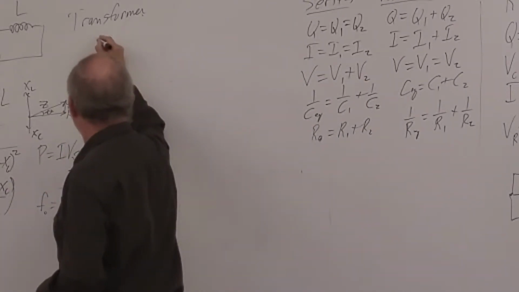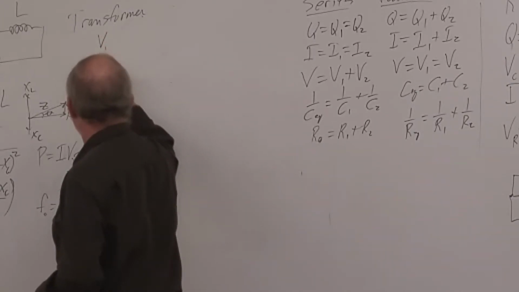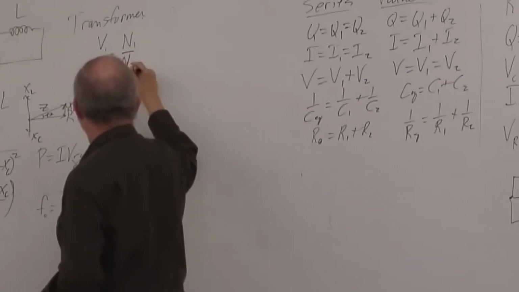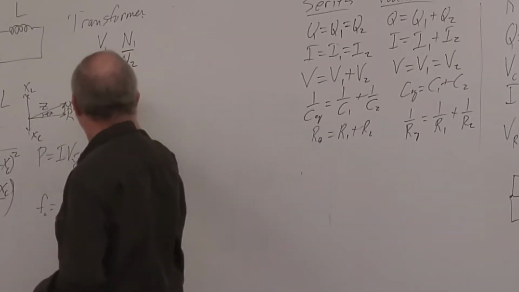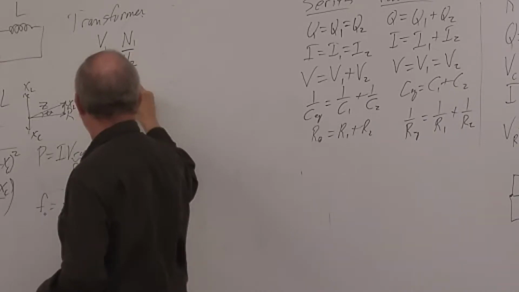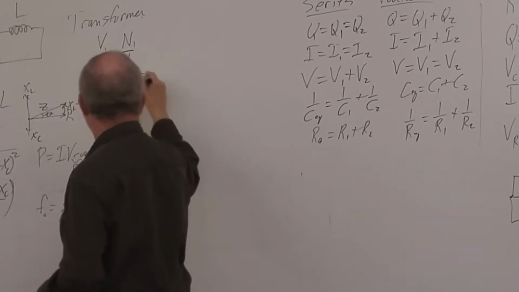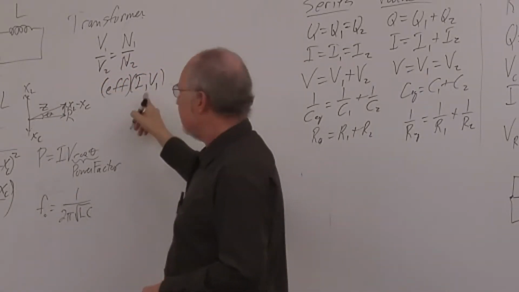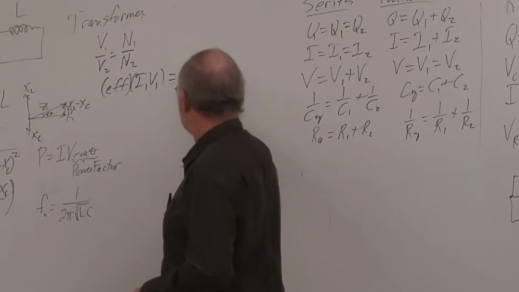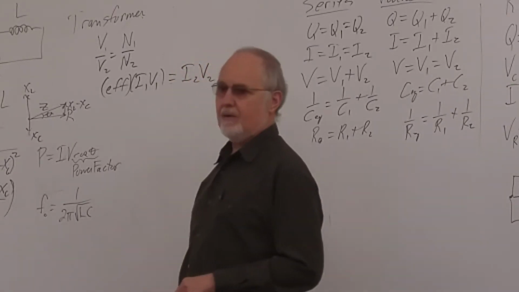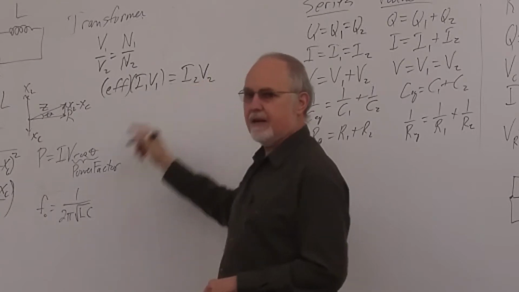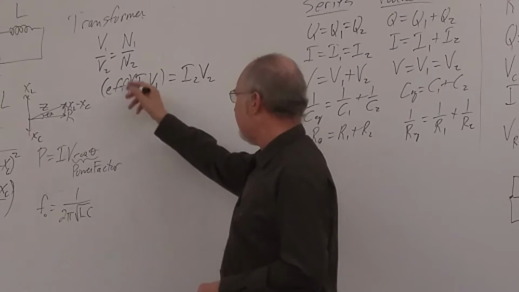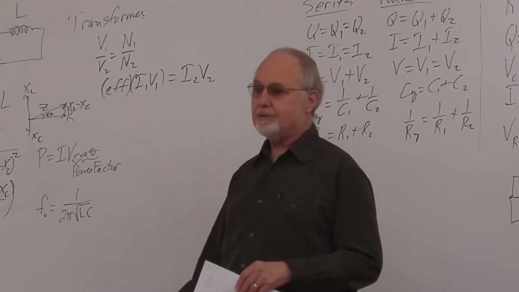The ratio of the voltages is equal to the ratio of the number of turns on your two sides, and then the efficiency times I1 V1, that's the input power, is going to equal I2 V2, or the output power, primary and secondary IV. So if it's a transformer problem, we've got those equations we can use to work it.